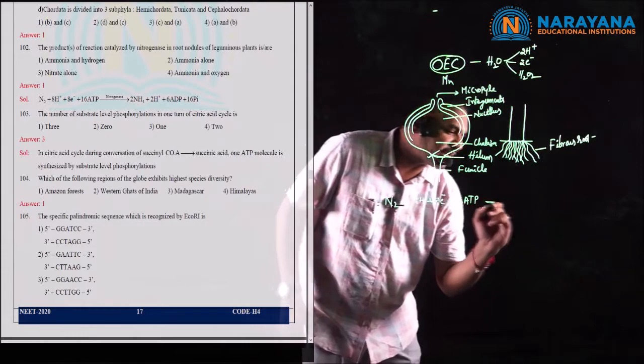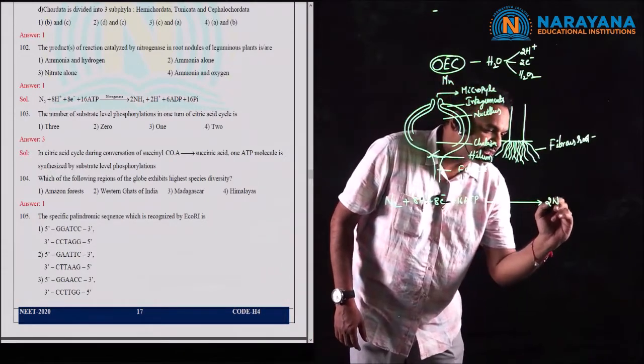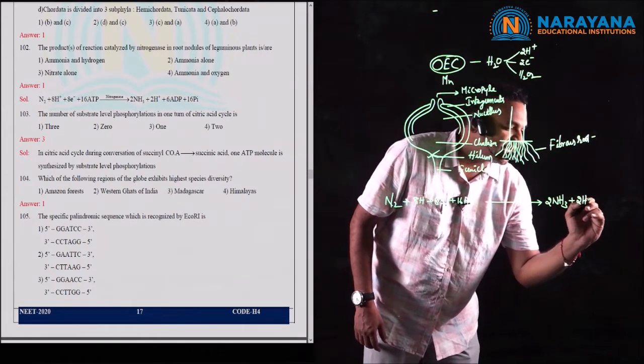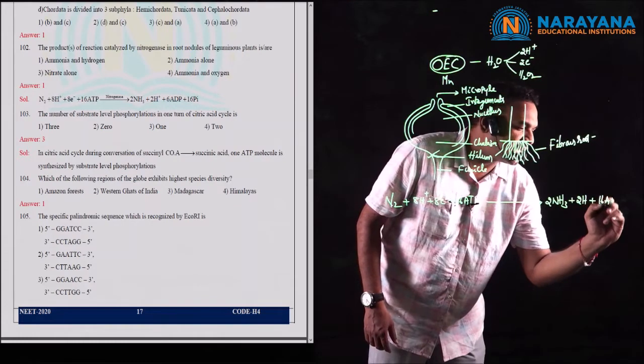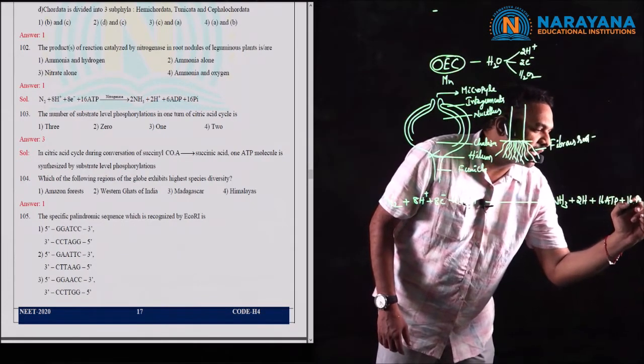In presence of an enzyme nitrogenase, there is a formation of 2 molecules of ammonia plus 2 molecules of hydrogen, 16 ATP plus 16 inorganic phosphates.